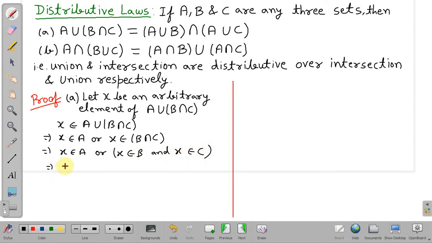And this can be rearranged using distribution of OR over AND.